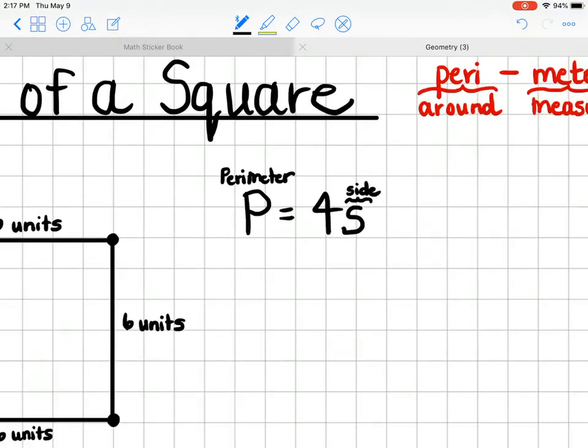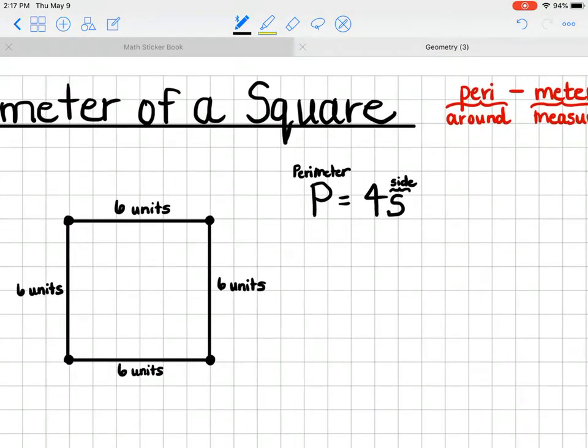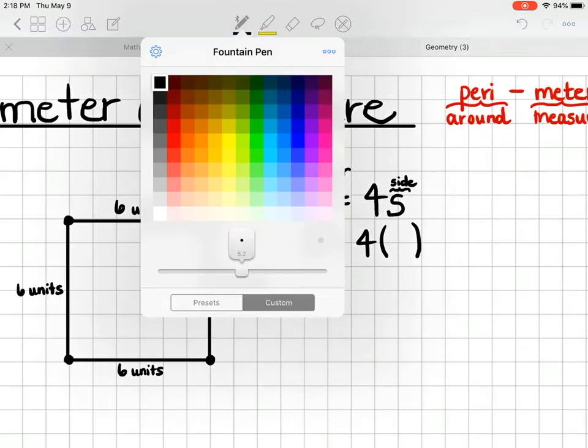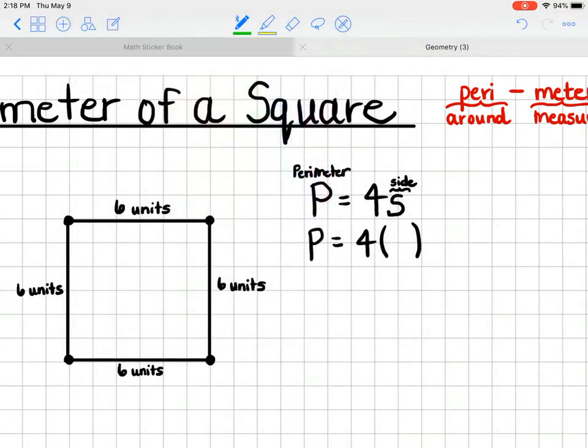So here's how we solve this formula. We would say P equals 4, and I want you to put a pocket, a parenthesis, pocket for the letter S, because we have to look at our problem to get the letter S. And in our case, it's 6. 6 units on a side.